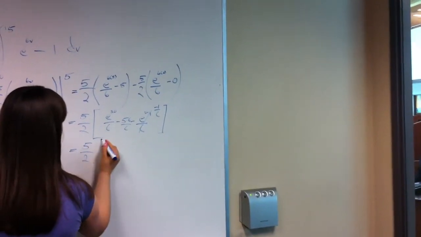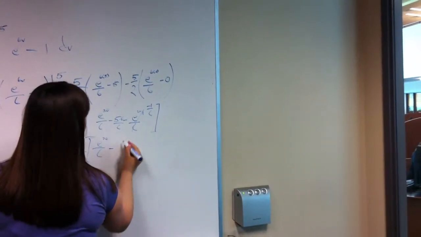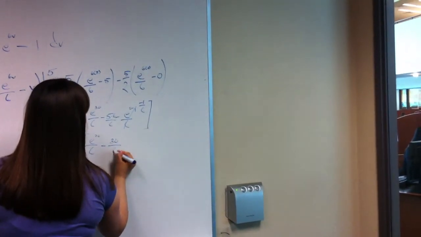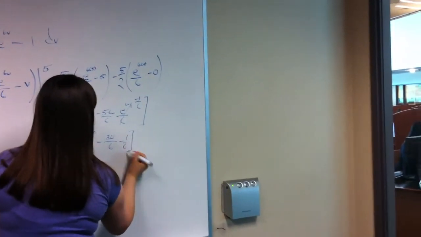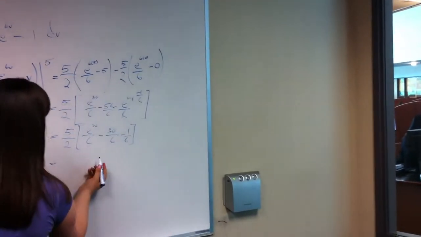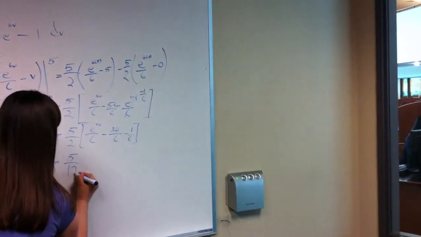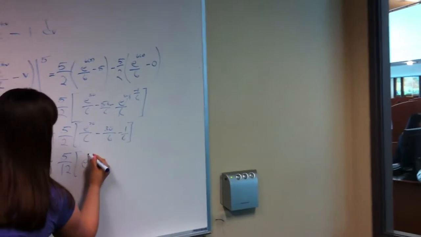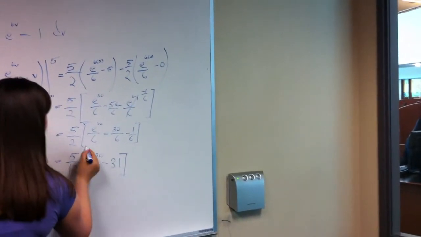So then we have 5/2 times e to the 30th over 6 minus 36 over 6 minus 1/6. So we get a final answer. And we can factor out a 6 over here, so we'll have 5/12 times (e to the 30th minus 31). This is our final answer.